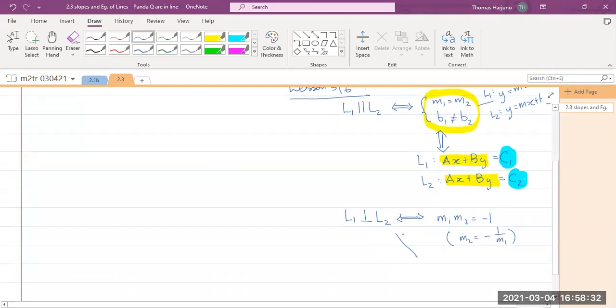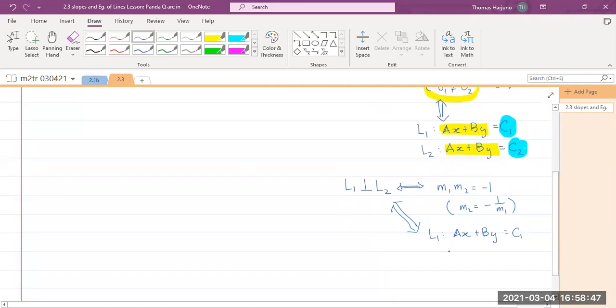Now, another way to look at that is what happens if those two lines are in standard form. Let's say line 1 has ax plus by equals c1. Let's say that's the equation of line 1. Then the other line that is perpendicular must have the following pattern.